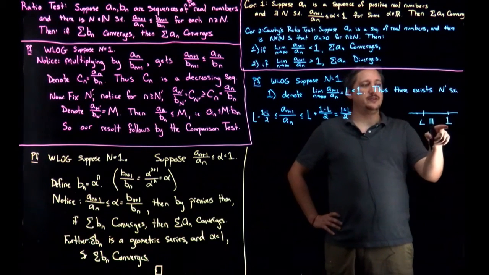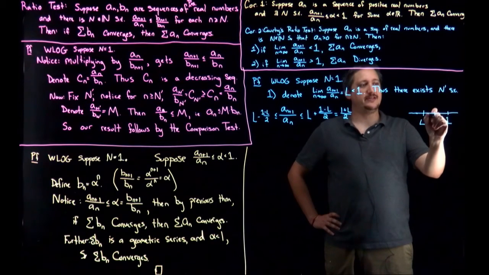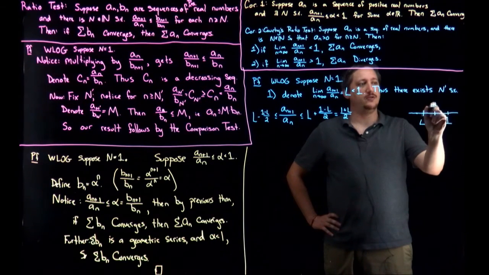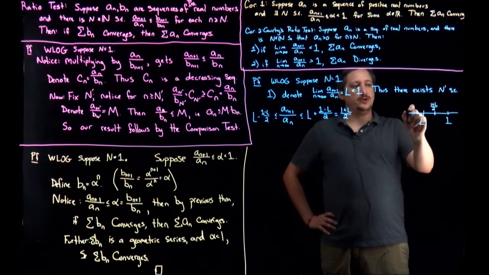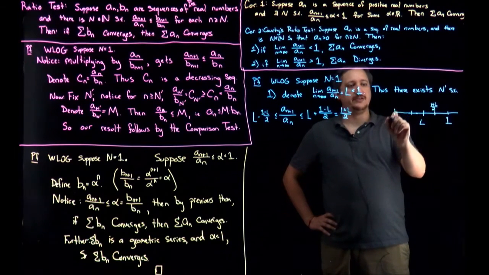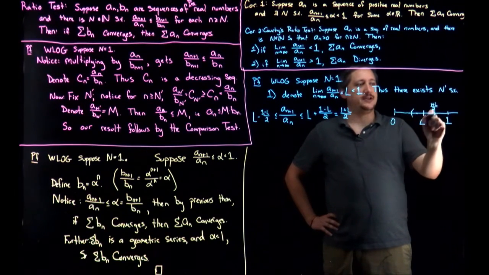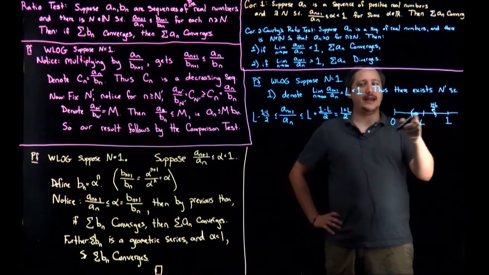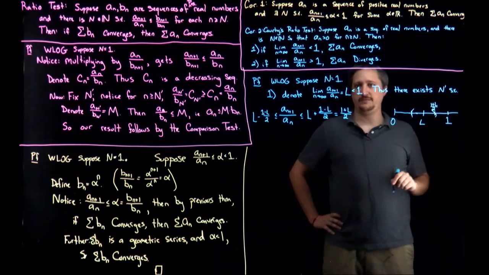So if I take the sum of them and divide by 2, I'm taking the average. So that's here. This is 1 plus L over 2. So this is maybe like 0 or something over here. I'm picking deep enough that an plus 1 over an is somewhere in this interval, okay?